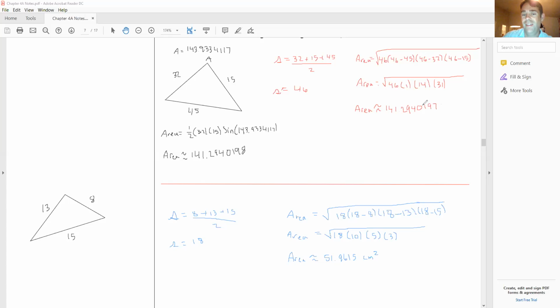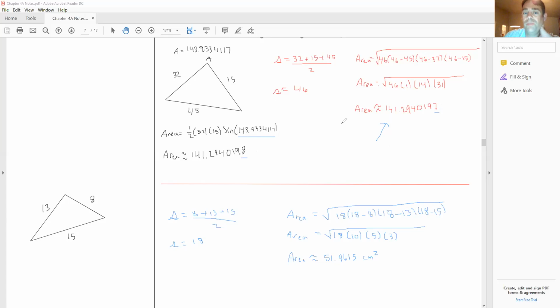Turns out it was 7. So, by the way, notice 1, 2, 3, 4, 5, 6, 7. It wasn't until the 10 millionth spot that we had a number that was slightly different. This is actually the more exact answer here. You've got to remember, because I used this rounded decimal here, that's going to throw that answer off a little bit more. So kind of crazy how that whole thing works.